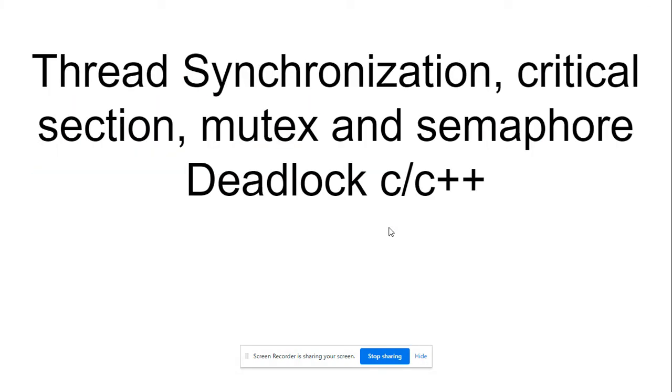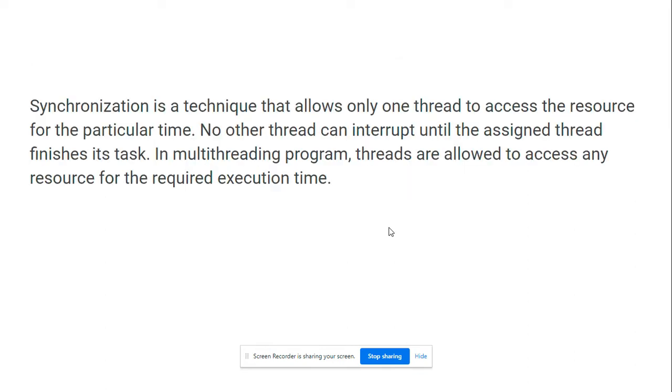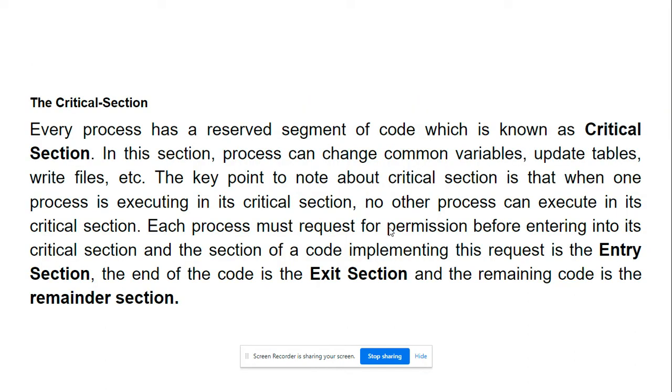Before understanding synchronization, let's first understand what is a critical section. Every process has a reserved segment of code which is known as the critical section. That means every process has some part of code which is used by multiple threads. What a thread is I have already covered in another video, so go through that first. I am just discussing the theory, then an example.